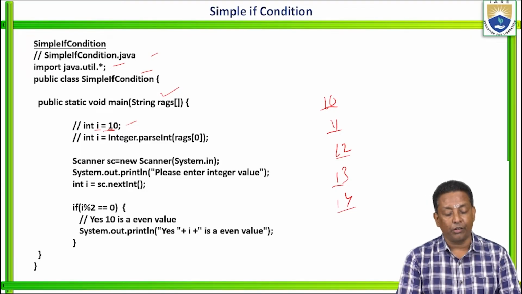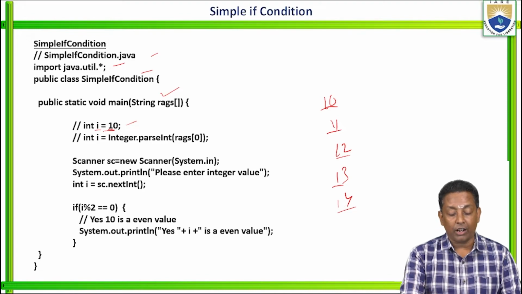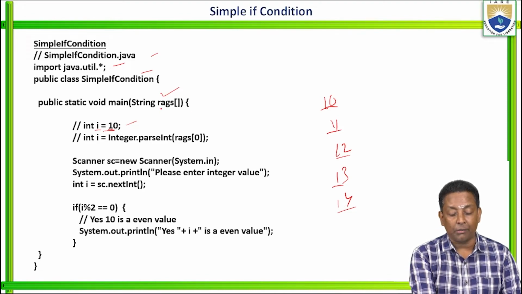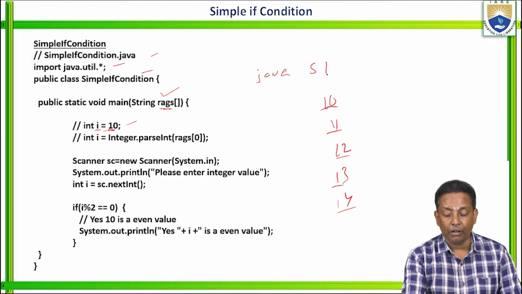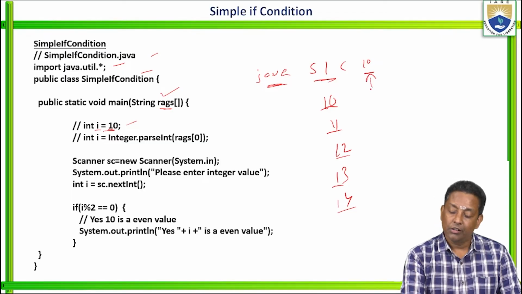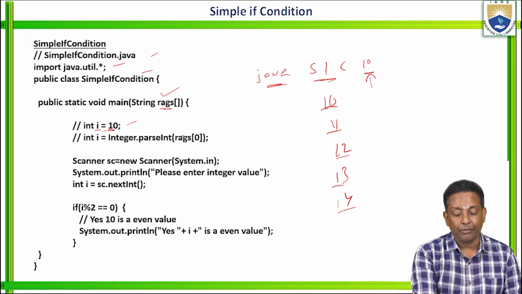For that, one way is we can take command line arguments. How to take command line arguments? Java SimpleIfCondition, the class name, followed by arguments in the same command prompt where we are running the Java program. If you pass arguments there, these are called command line arguments. If you pass 10, that comes to this args array variable.